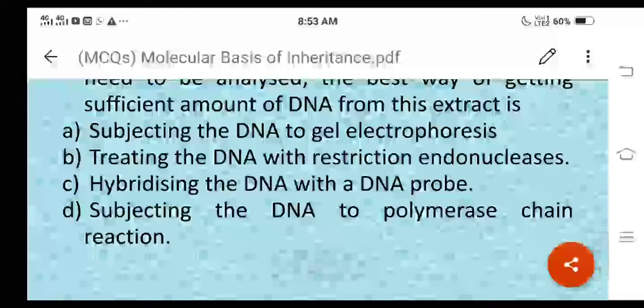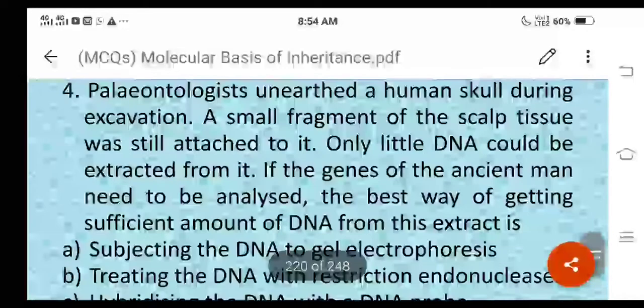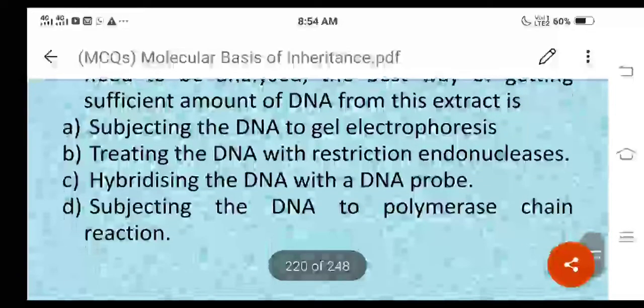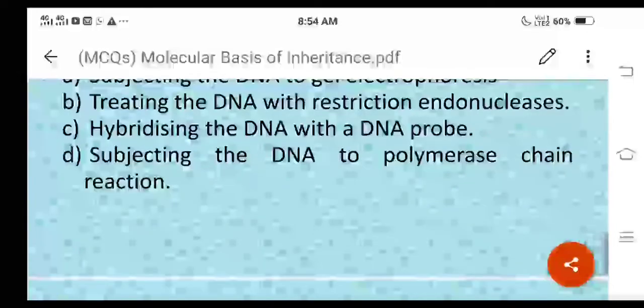Remember, the DNA present in a single cell is enough to perform the DNA fingerprinting procedure. If the DNA content is less than one cell, then we can perform polymerase chain reaction to increase the DNA content, then go for the DNA fingerprinting procedure. So for question number 4, option D is the right answer, right?